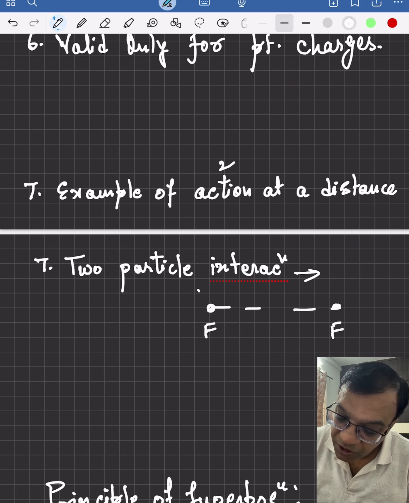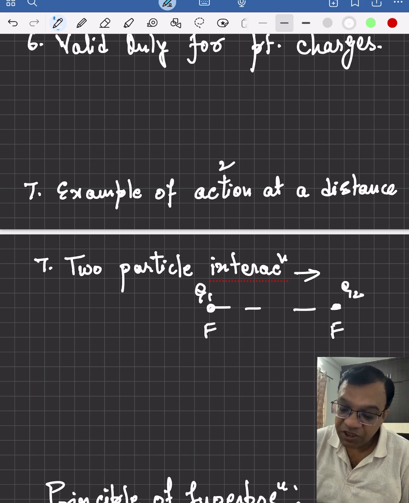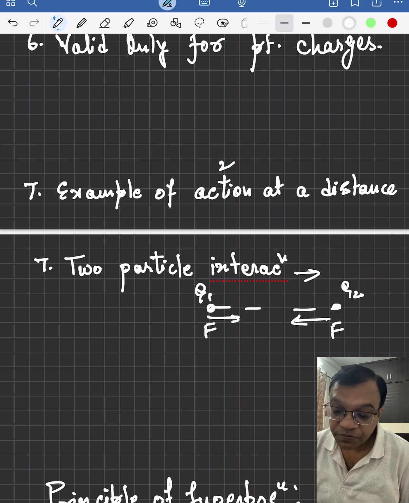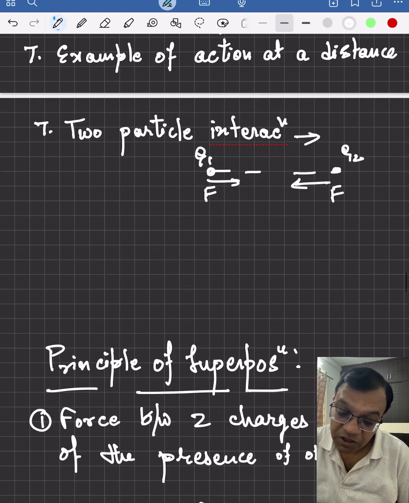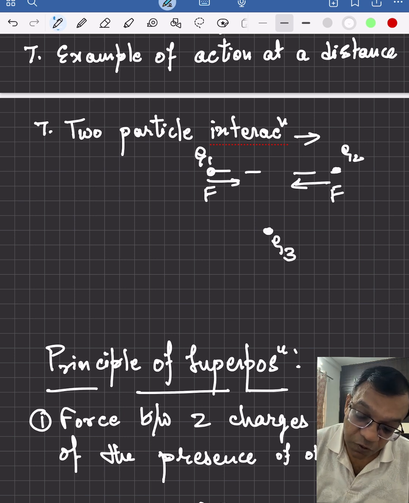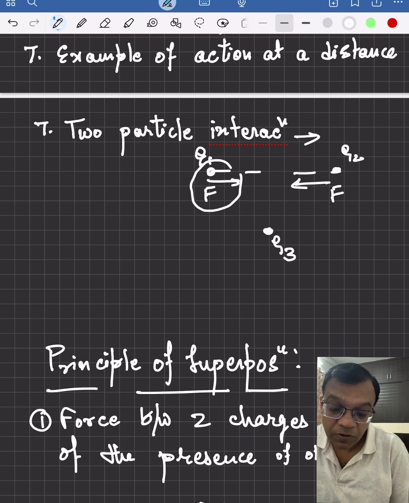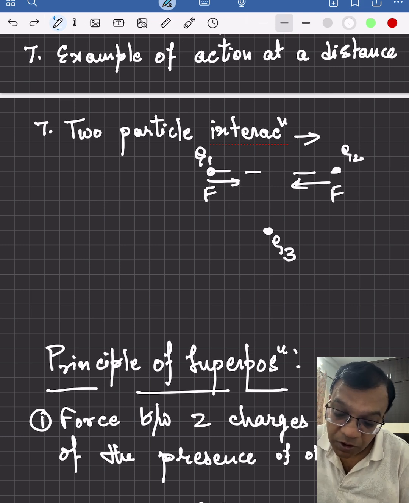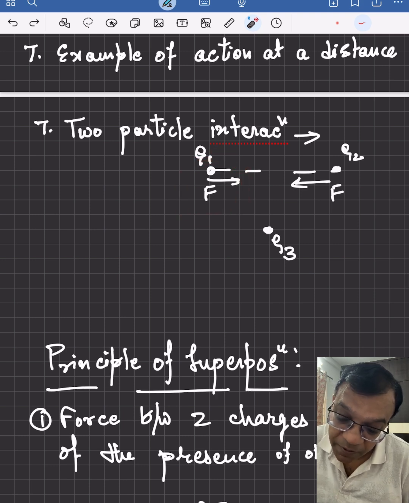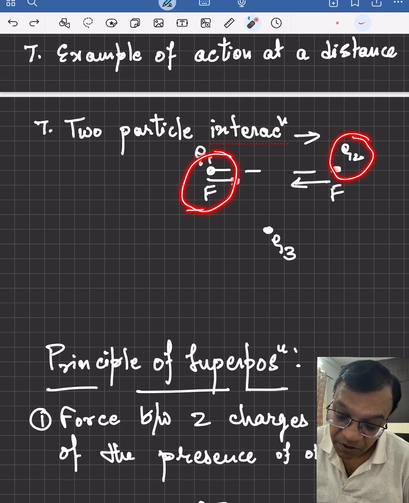Q1 and Q2 are there, they exert a force F on each other. Say I am saying attractive force. Now, if some other point charge Q3 also comes, then this force F experienced by Q1 due to Q2 won't change because of its presence.